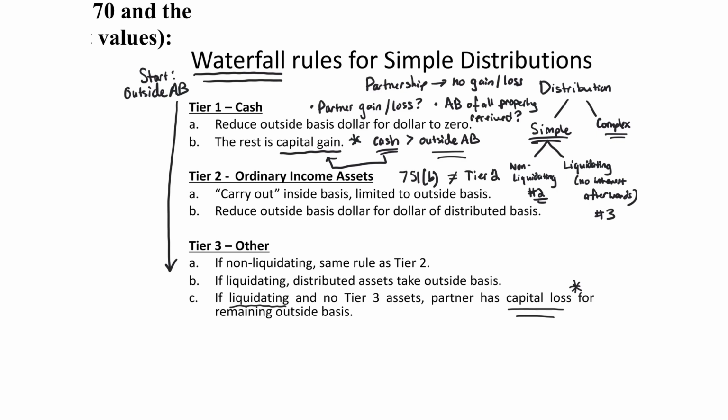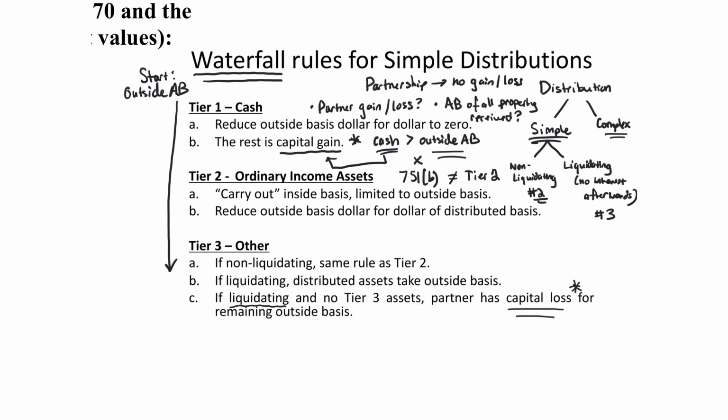The main one deals with inventory. Inventory to the partnership is always going to be an ordinary income or ordinary loss asset, but it may not be a 751(b) hot asset. Why? Because for 751(b) hot assets, it has to be substantially disproportionate. So keep that in mind.